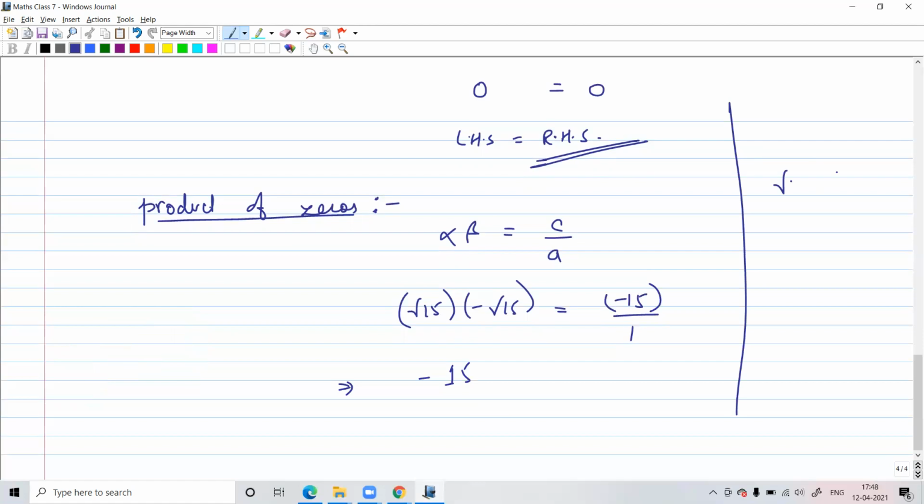Remember, root 2 into root 2 gives you 2. Same way, root 15 into root 15 will give you 15. And if you have a negative sign on one of them, you know that multiplication is commutative. So you can write the negative sign first and then just multiply square root of 15 into square root of 15. So this just turns out to be minus 15.